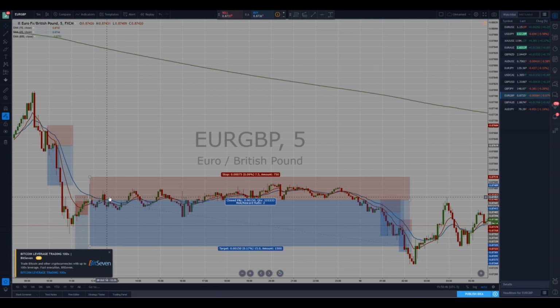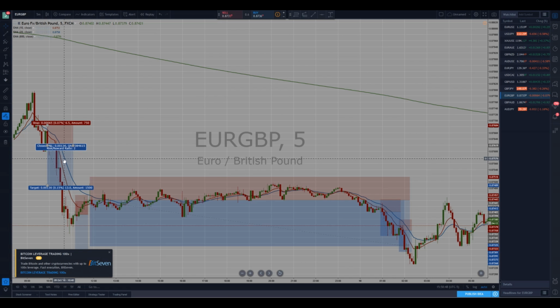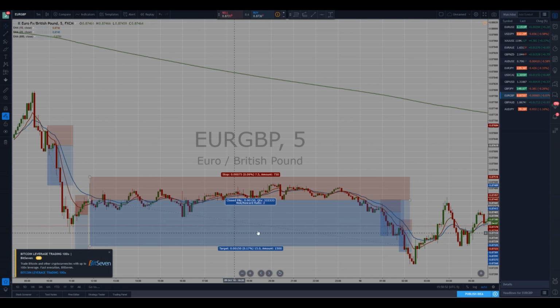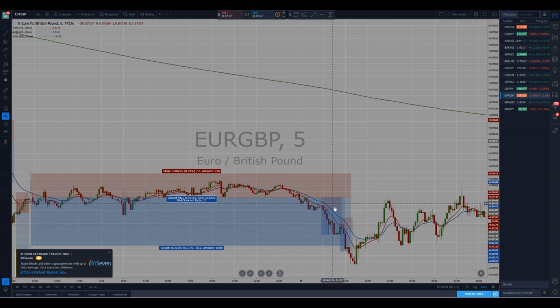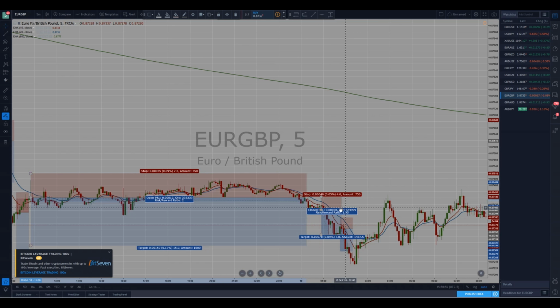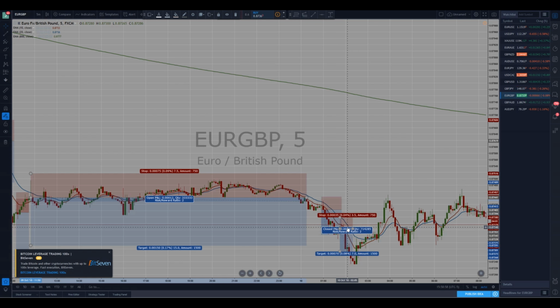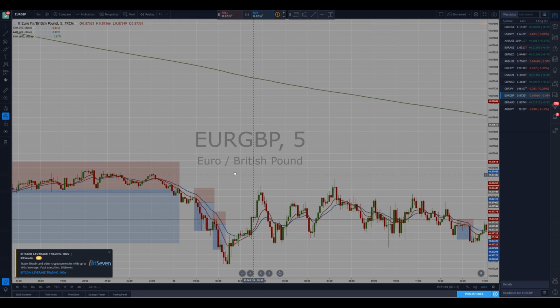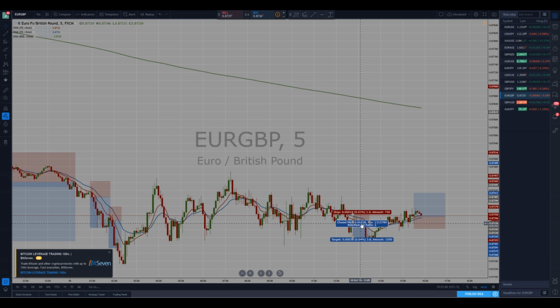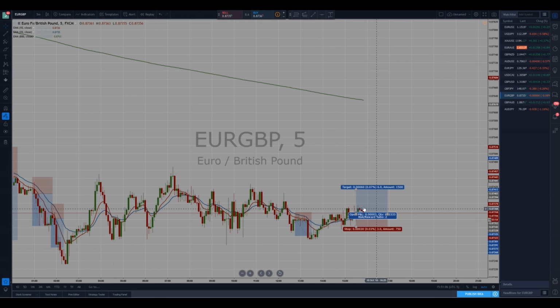So this is, let's see here, 13 pip take profit hit, 6.5 pip stop loss hit, 15 pip take profit hit. This was 7.5 pip take profit, 7 pip take profit. Both of those would have hit. This is a 3.5 pip take profit that would have hit, and this one is currently active, so we won't count that.